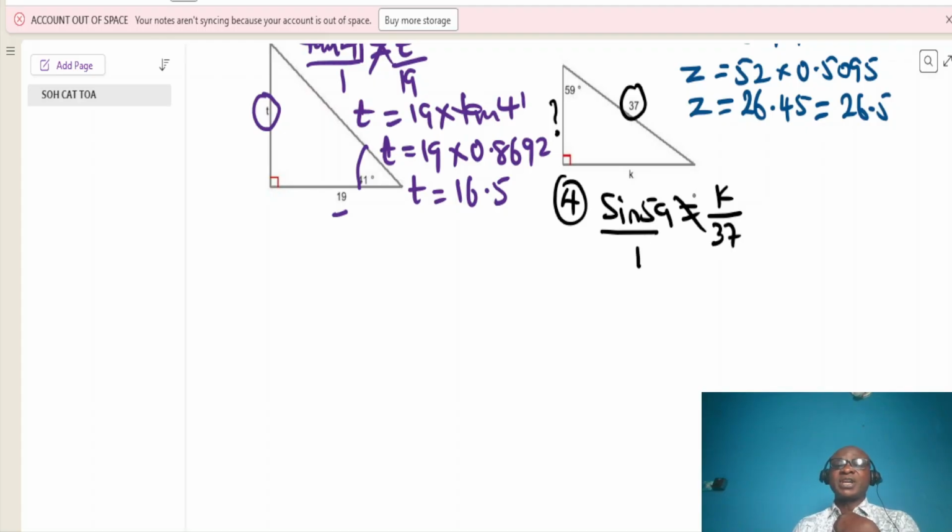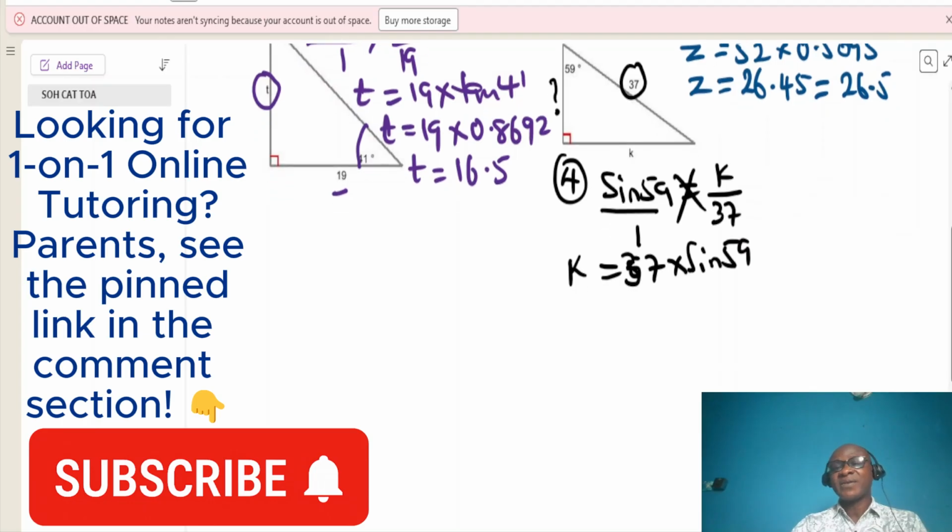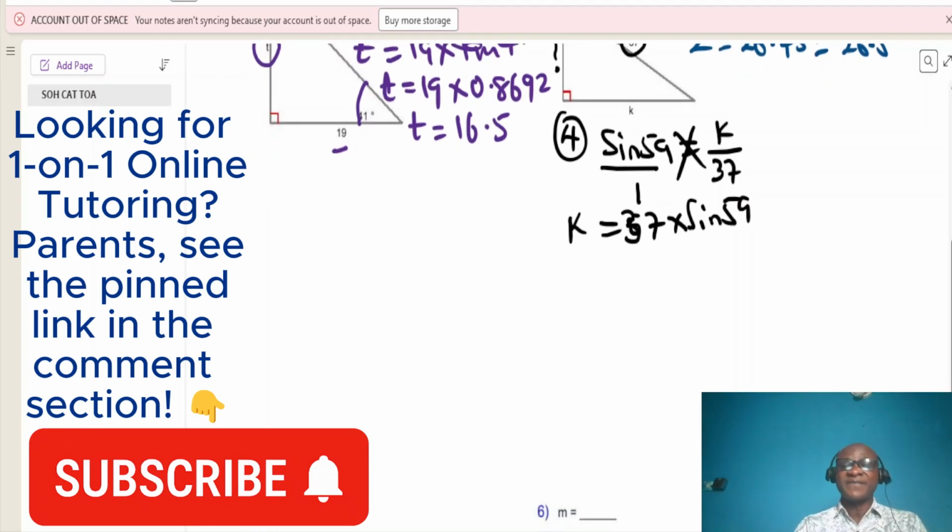Then I will take a cross multiplication. k multiplied by 1 is k. Then I will have 37 multiplied by sine 59. With my calculator, I can find sine 59.